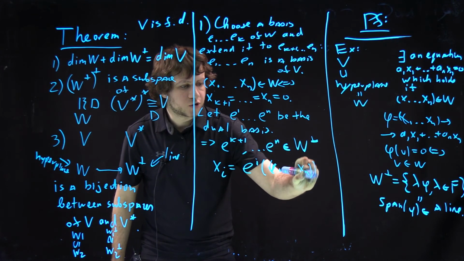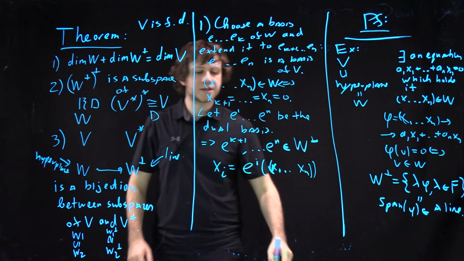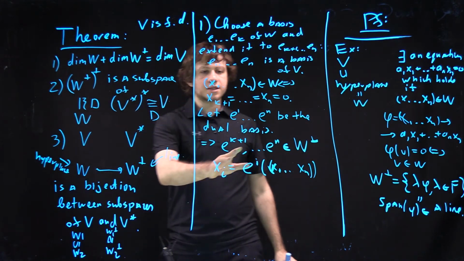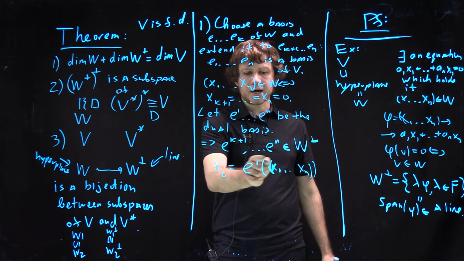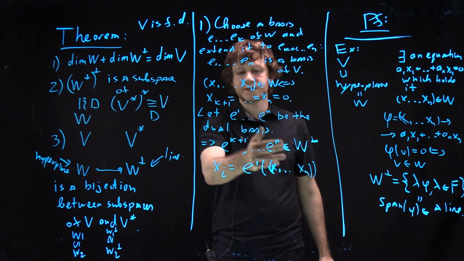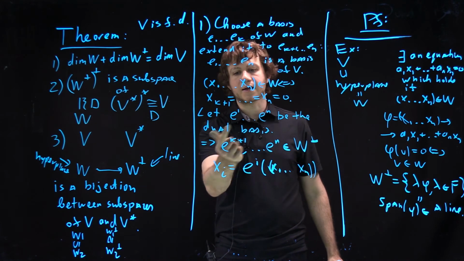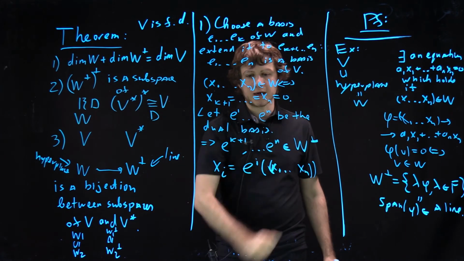Of course, when I choose a basis, I can write my vectors as tuples of elements. Perfect. So this just means that I already have n minus k vectors in W perp, and they form part of a dual basis. So the dimension of W perp is at least k plus n minus k.